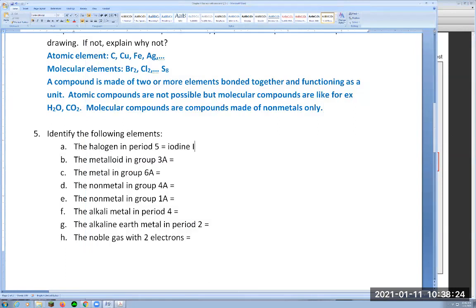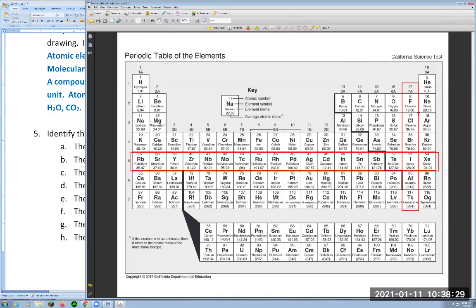Now we're looking for the metalloid in group 3A. So I told you about metals versus non-metals that are distinguished by the staircase. And so the metals are on the left side, the non-metals are on the right side. But anything that is underlined can be considered a metalloid. But be careful, there are exceptions. So boron is a metalloid, silicon, germanium.